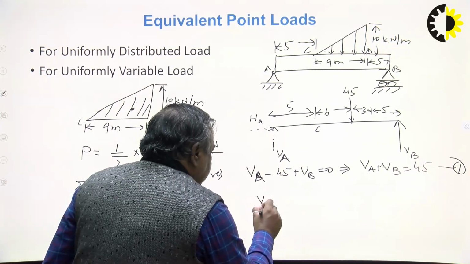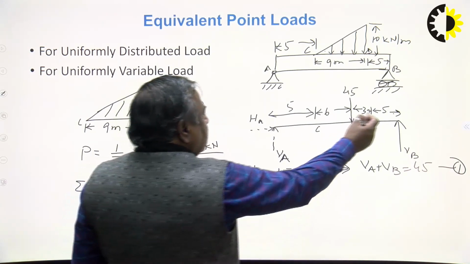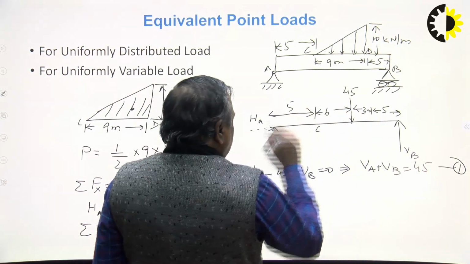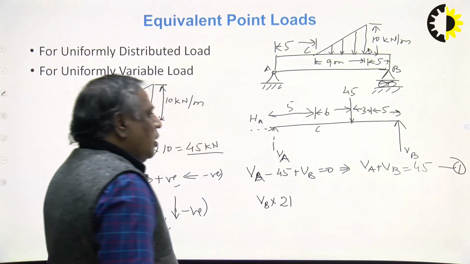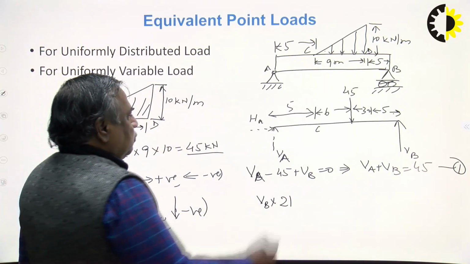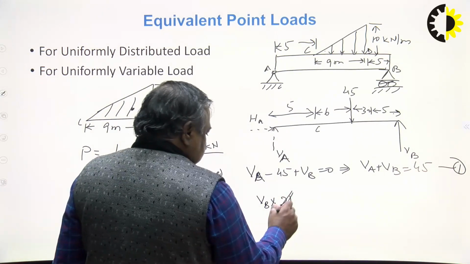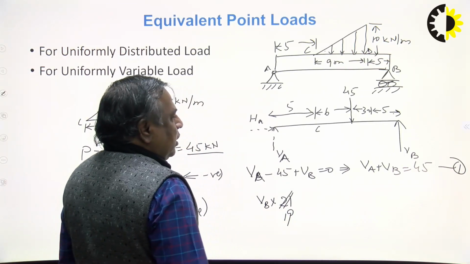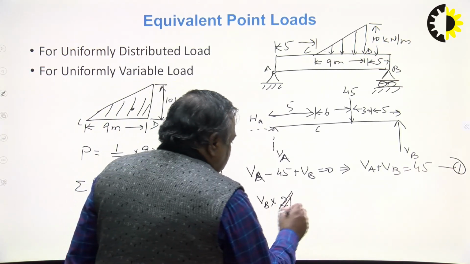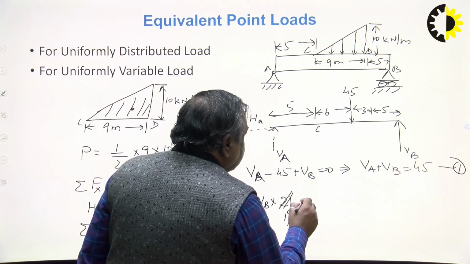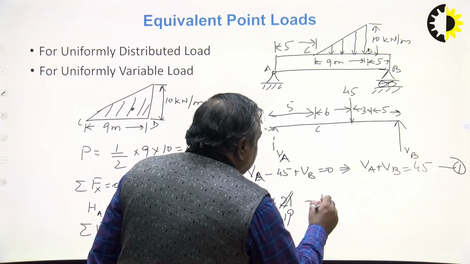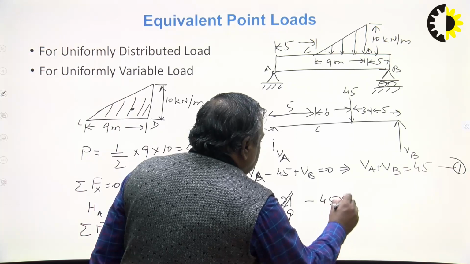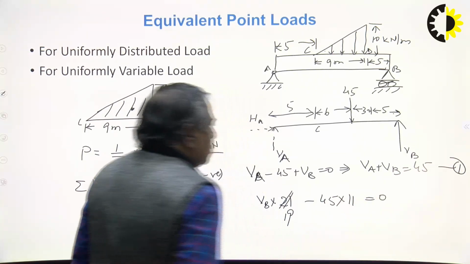Taking moment about A. So VB multiplied by 5 and 3, 8, 6, 14. 14 plus 5 is 19. VB into 19 minus 45 into 11 is equal to 0.